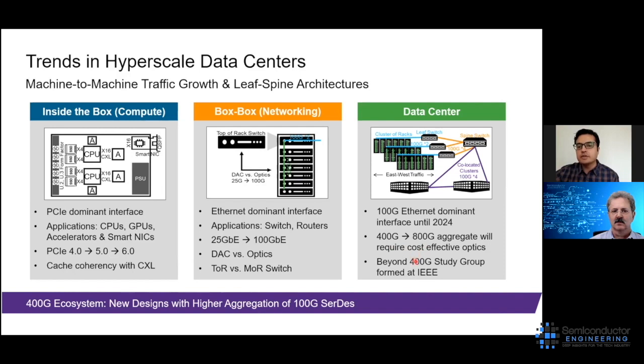IEEE has constituted a beyond 400 gig study group, and that's working on defining the next data rate for Ethernet. But today, 800 gig Ethernet is available from the Ethernet Technology Consortium, and we are seeing this socket moving really fast in terms of bandwidth demand. But the basic fundamental unit here is 100 gig SerDes, which aggregate to provide this 400 gig or 800 gig bandwidth. So the 400 gig ecosystem is currently getting shaped, and there is higher demand for 100 gig SerDes than ever before.